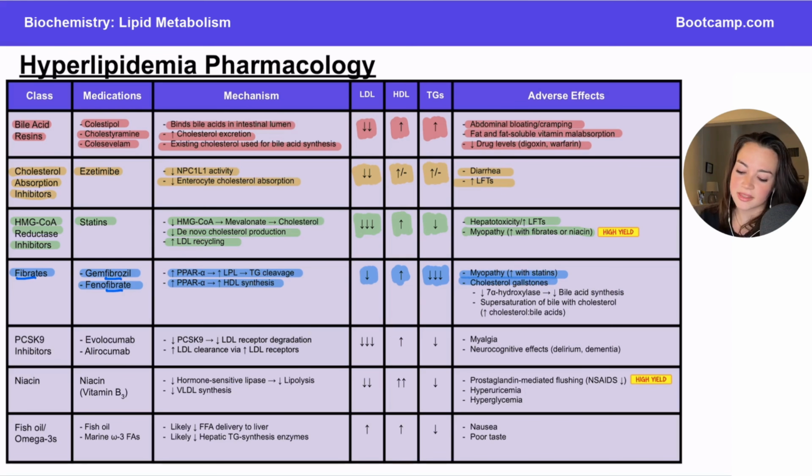The reason here is that these fibrates are going to decrease the activity of 7-alpha hydroxylase, which is an enzyme involved in bile acid synthesis. Since we have decreased bile acids in the bile, we're going to have an increased ratio of cholesterol to bile acids, and this leads to a supersaturation of bile with cholesterol and not enough bile acids to emulsify them.